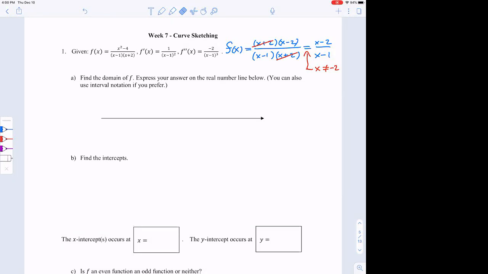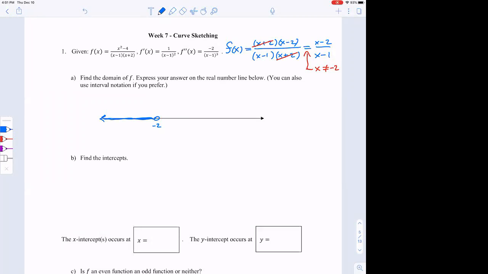Okay, so just to expedite the process, I'm just going to shade in the values that f of x can equal in the domain on a real number line. So it can go anything towards negative infinity, but then at minus 2, we have a hole. So we're allowed to plug in anything there, but at minus 2, we have a point that's not in the domain.